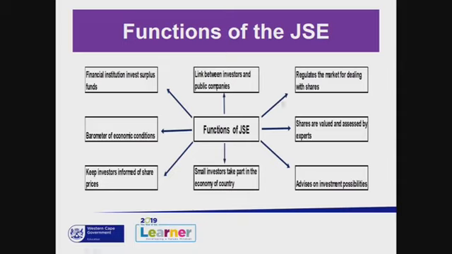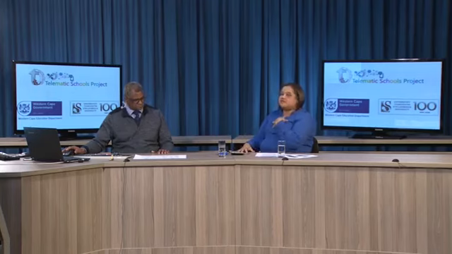This first one speaks about how it's a link between the investor and the public companies. How does that happen? So, let's say I want to invest in a public company. I would then go online. I would buy my shares online in whichever company I want to invest in. So the JSE is then this middleman between me, the investor, and the public company I want to invest in.